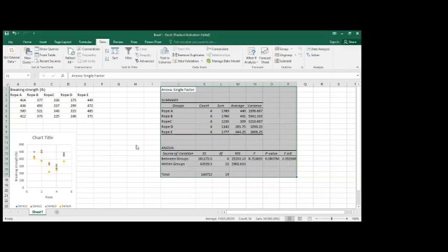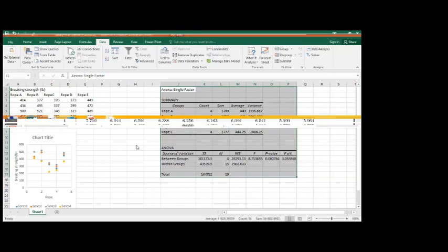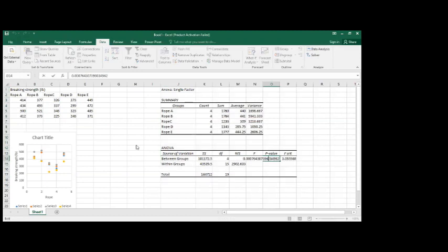And this gives us a good indication that we could reject the null hypothesis, and that at least one of the population means is different from the others, and we will look at the data graphically.